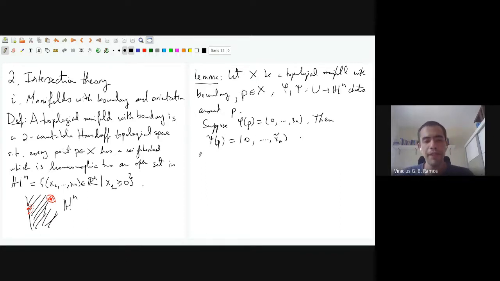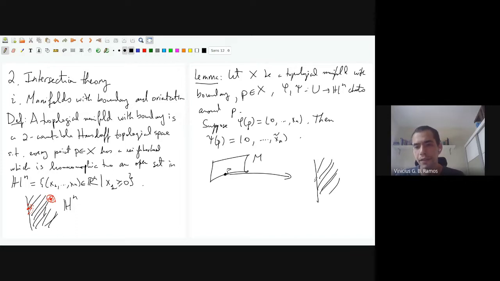So in particular, that means you can't have a chart that takes a point in a certain way. If this is my manifold M, and I'm over here, this is a point P, and by one chart phi, I take it to this point here, and if I take another chart psi, I cannot take this to a point here.